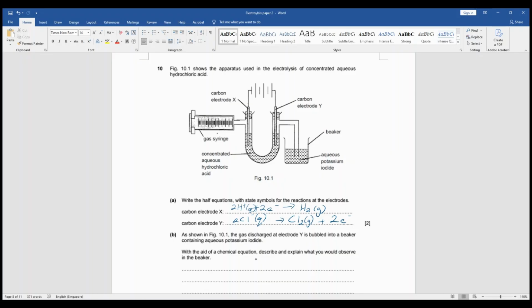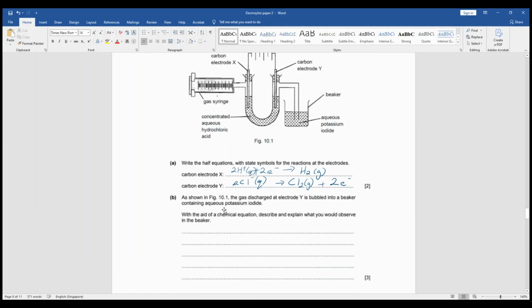The gas discharged at Y is bubbled into a beaker containing aqueous potassium iodide. So chlorine goes into potassium iodide. What are you going to see? You're going to see the colorless solution becoming brown. With the aid of a chemical equation, 3 marks question. Write the equation first. They want a chemical equation, not ionic.